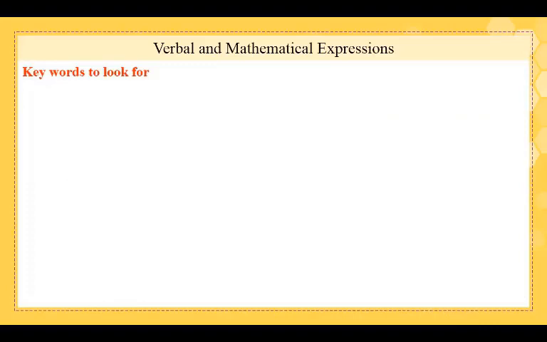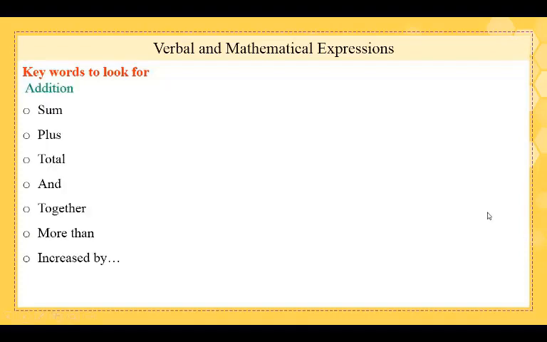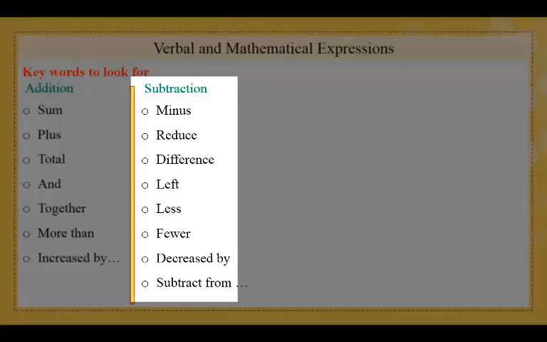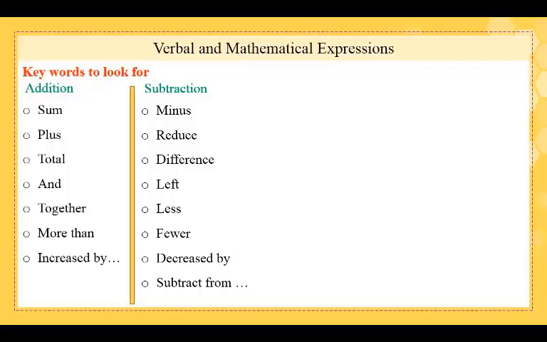Here are some keywords that are used in verbal and mathematical expressions. In addition cases, we use sum, plus, total, and, together, more than, increased by. In subtraction cases, we use minus, reduce, difference, left, less, fewer, decreased by, subtract from.